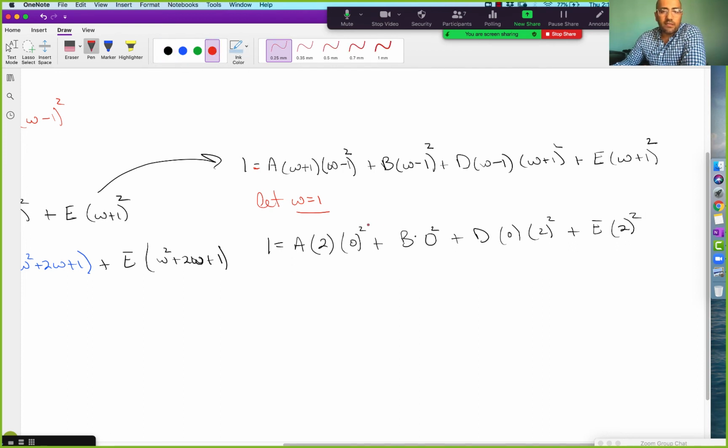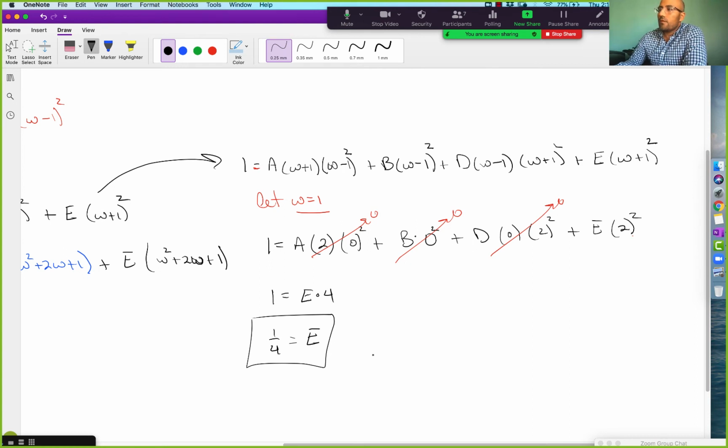Okay? So lots of stuff goes to 0, and so we end up with 1 equals E times 4. So we get 1/4 equals E. Good. Questions?